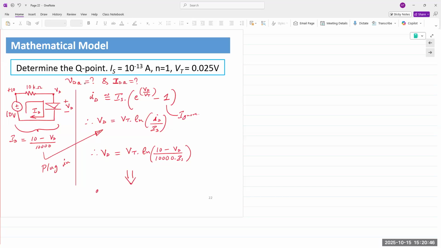So we assume a value for VD, plug it into the right side of the equation, and solve the equation for VD.